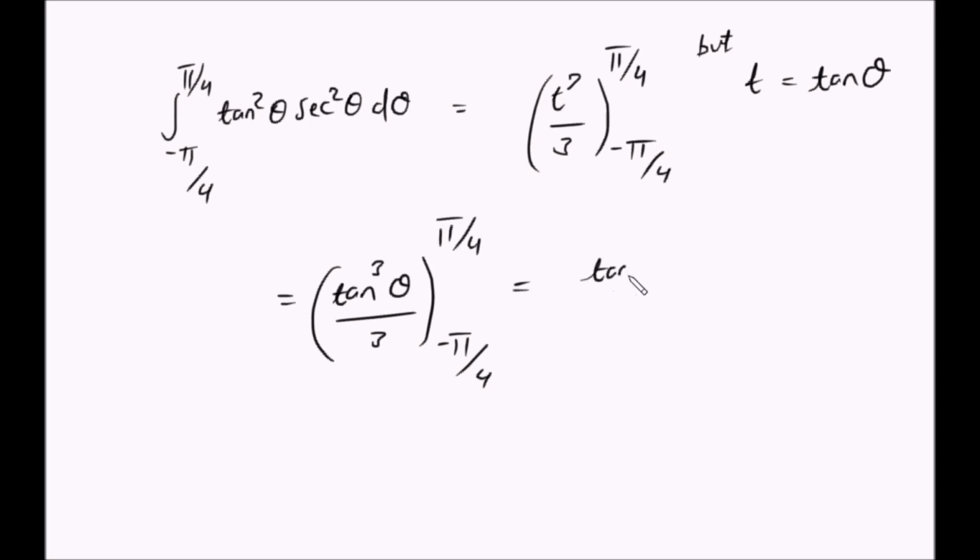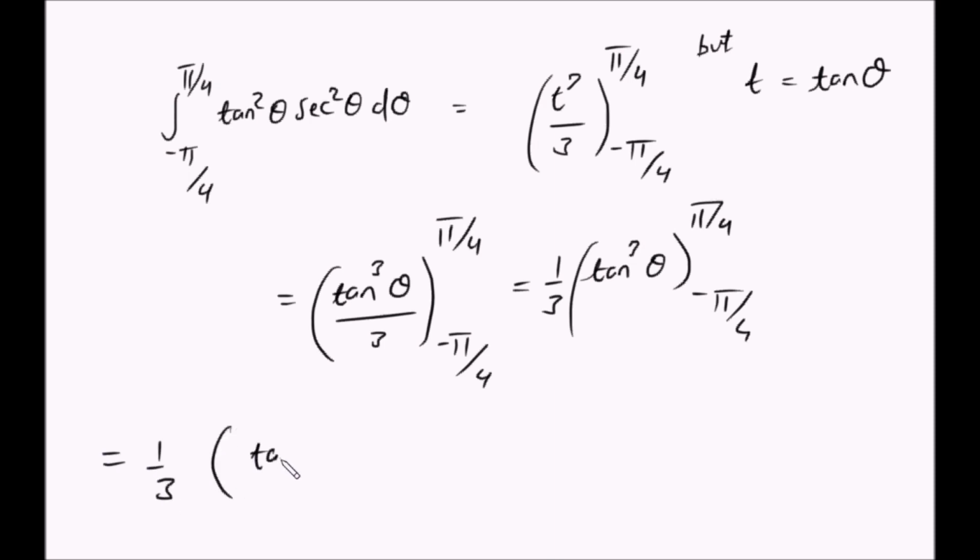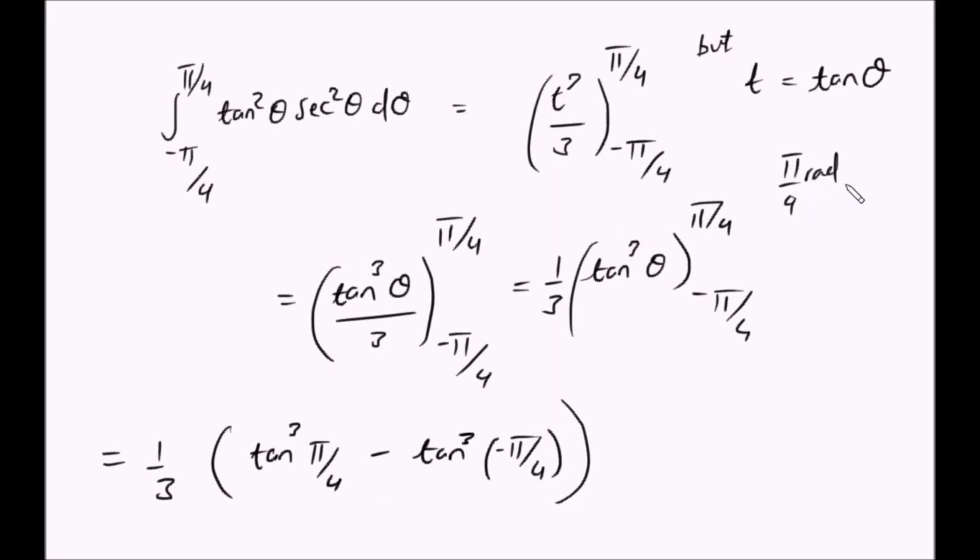Anyway, the 1 over 3 I can take outside since it's a constant. Inside I remain with negative pi over 4 to pi over 4. So it will be the 1 over 3 outside, so we have tan of pi over 4 cubed minus tan cubed of negative pi over 4. So pi over 4 radians is 45 degrees, okay? So tan of 45 degrees is 1.